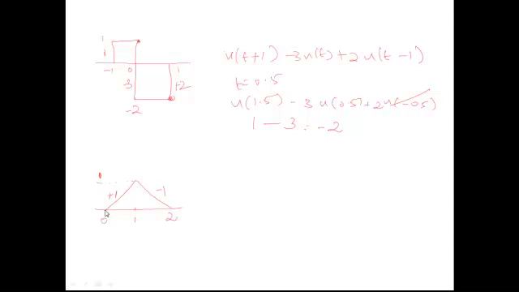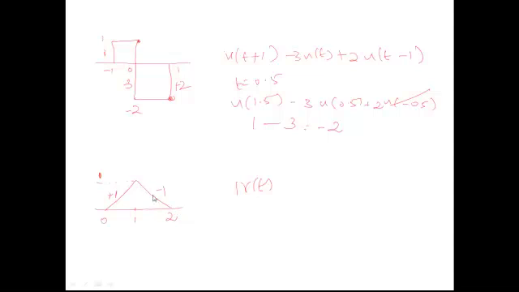You are starting at 0. From 0 till 1, it's an increasing ramp. So it is given by r of t, and the slope is 1. And at 1, it starts to decrease till 2.